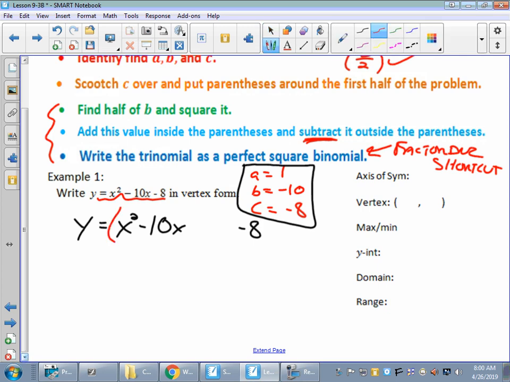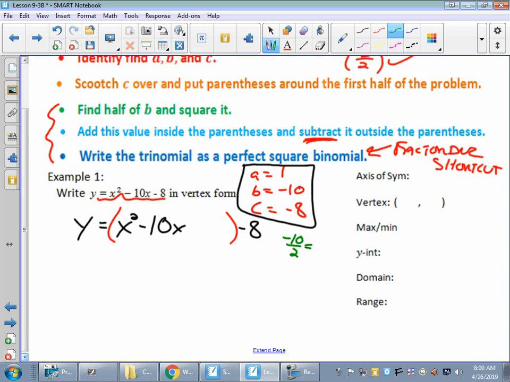All right, the next step, I've got to put parentheses around my first two. So I put parentheses here, and I've got parentheses here. Give it some space because I'm putting a number in there. All right, the next step is to divide my B value by 2 and then square it. So if I take my B value, I'll just do this work over here. My B value is -10. So I'm going to take half of it. That means divide by 2.